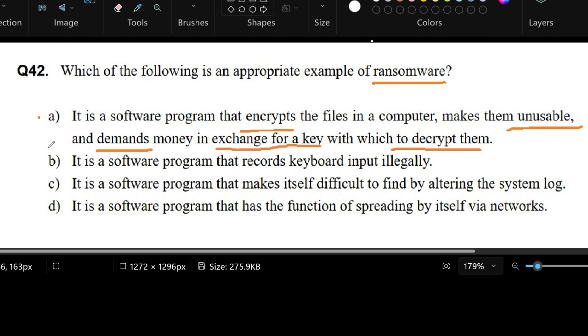letter A. So for letter B, it's saying it's a software program that records keyboard input illegally. This one, I think, is called a keylogger, used to illegally get user inputs, like people typing in their passwords, typing in web pages.